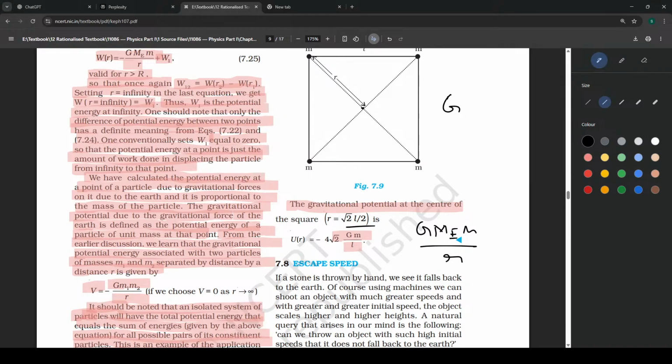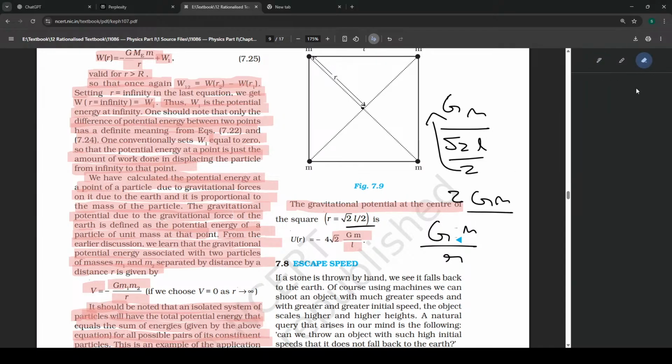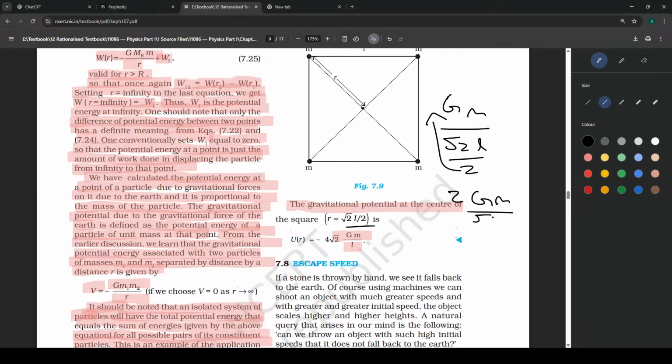The formula is Gm by R. So Gm by root 2 L by 2. This 2 goes up to Gm by root 2. This we can simplify by rationalization.